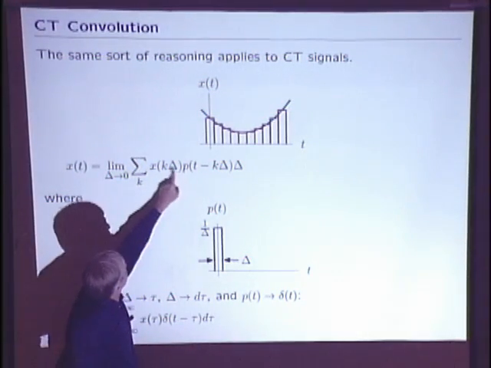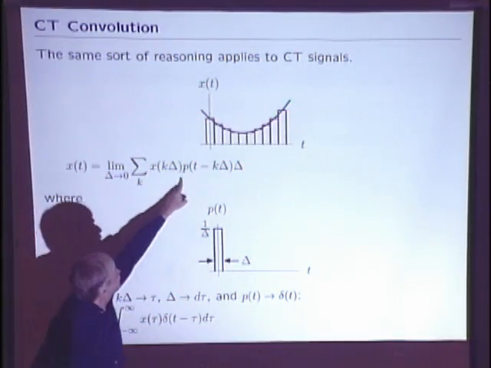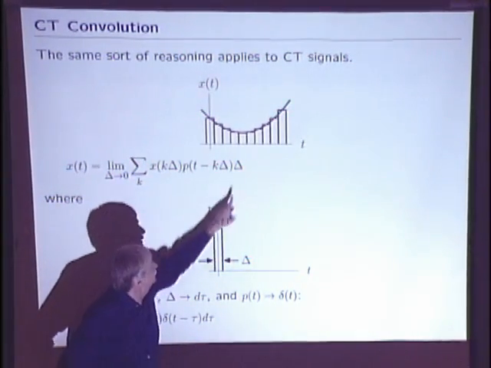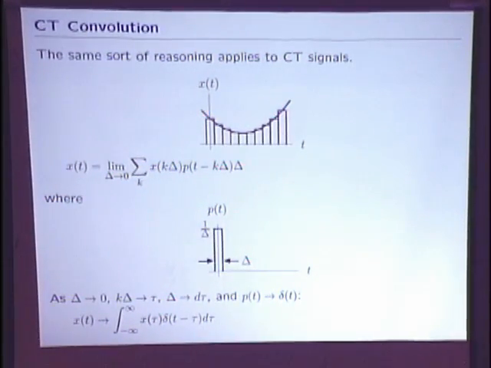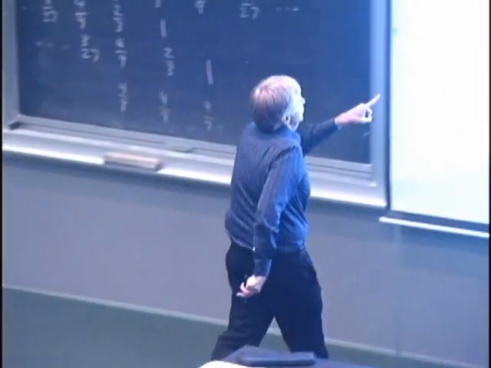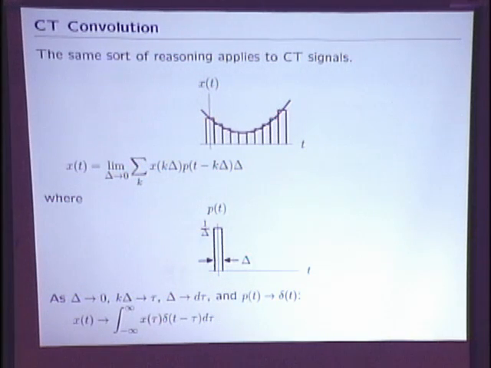Then if I want to build an arbitrary function x out of such signals, I need a sum of them. And each one of these pulses has to be multiplied by delta, so that when I multiply by the value of x at one point k delta, I get the right height, independent of what delta is. So for a given delta, I get a sum that looks like that. And then in keeping with the idea of thinking about a unit impulse function as a limit, I take the limit of that. The result looks very much like the decomposition of a signal in terms of the unit sample.